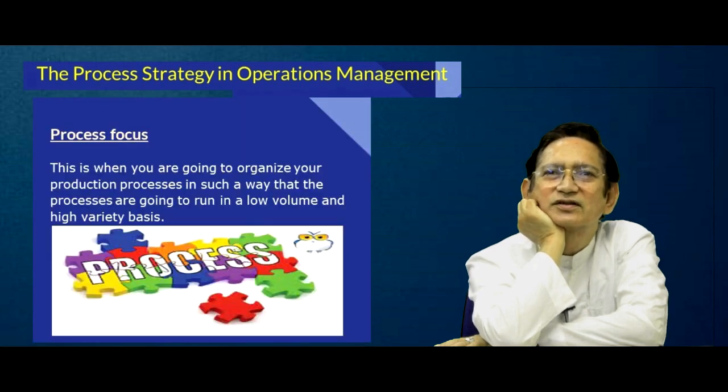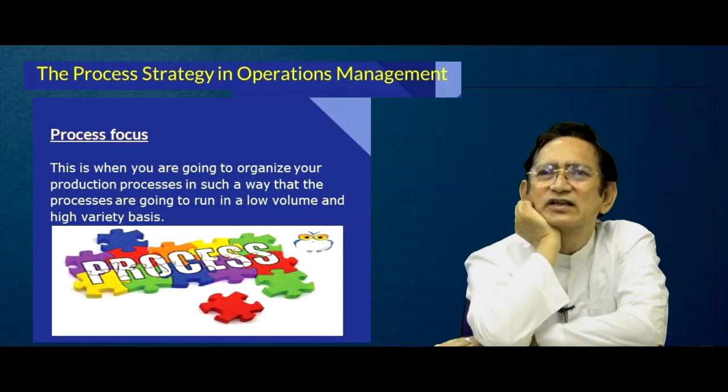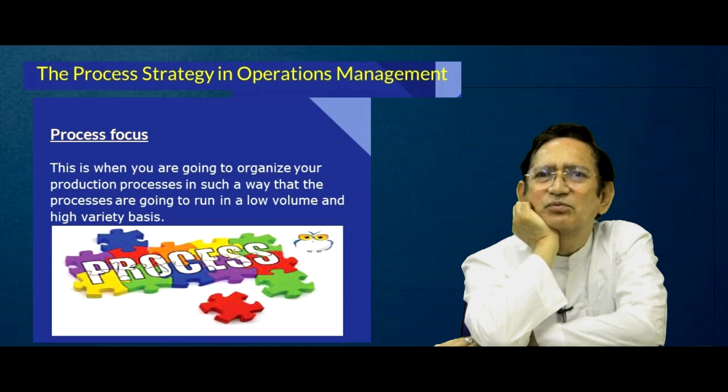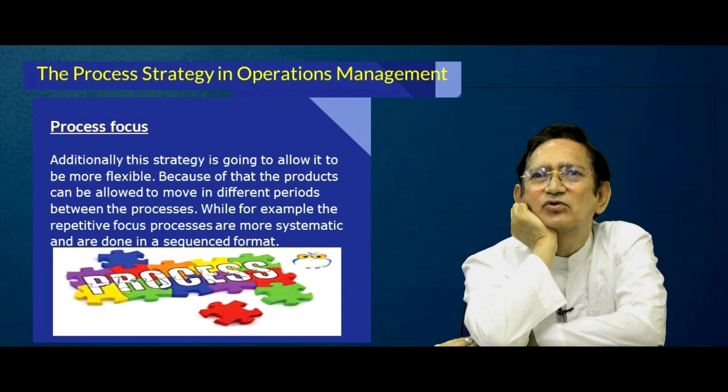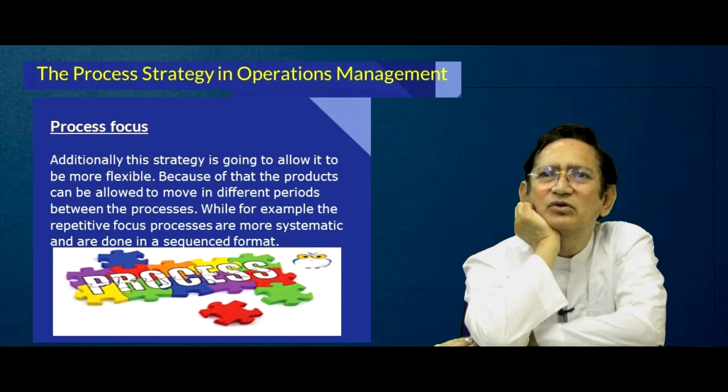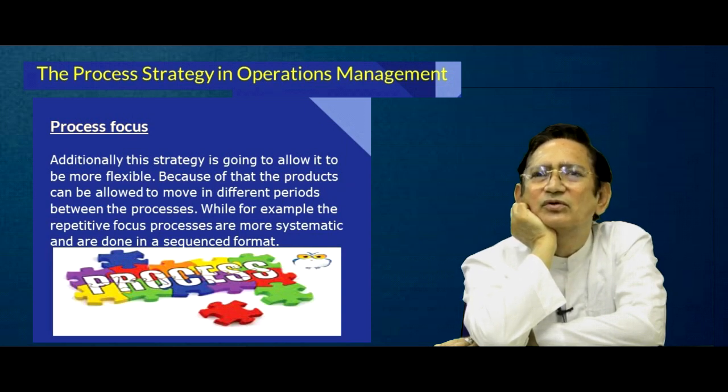Process focus. This is when you organize your production processes in such a way that the processes run on a low volume and high variety basis. Additionally, this strategy is going to allow you to be more flexible.